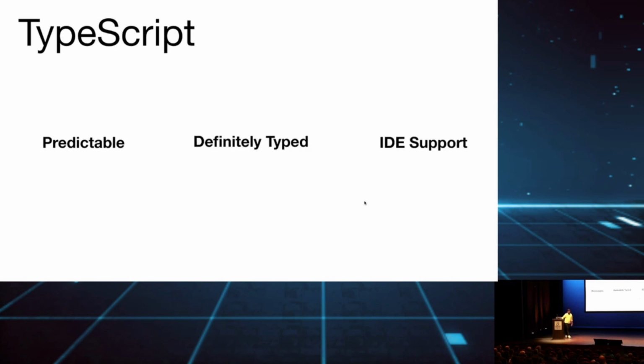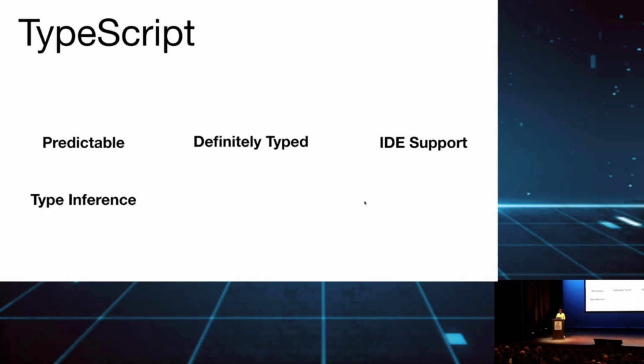The reason why we chose TypeScript should be obvious for everybody. It has a very, very predictable type system. If it fails, it fails consistently, not like Flow where inconsistency is there. It also has DefinitelyTyped. One of the major things that is very important for us is that it has very good IDE support, whether VS Code or any IDE that you use.